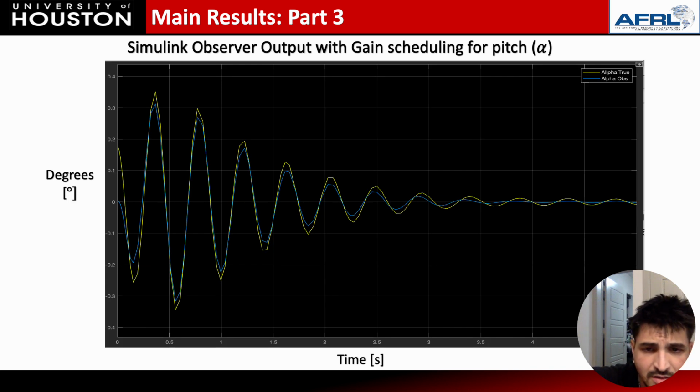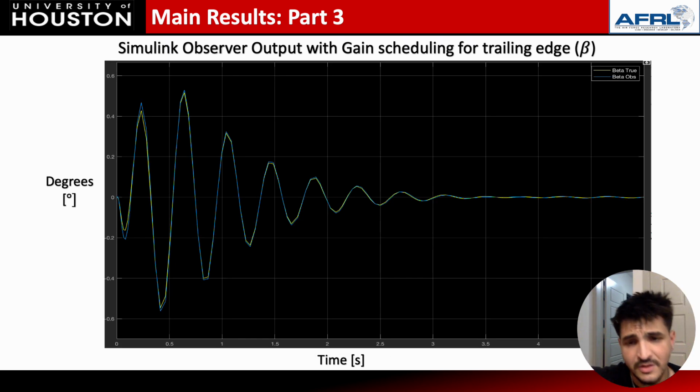So the pitch angle gets tracked actually pretty well, where you have degrees on the left and time in seconds on the bottom, where the true states are in yellow and the observed states are in blue. Even starting at different initial conditions, the system gets tracked pretty well, with the Kalman filter acting very well and properly observing the states while the system is going with the LQR.